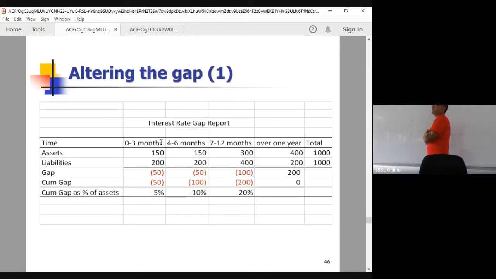Does that alter the asset mix? Yeah, it does. You still have an asset, 50 million, but you moved it from the 2.5 years to a 3 month. So you've done this.